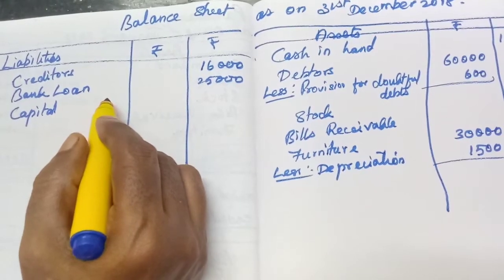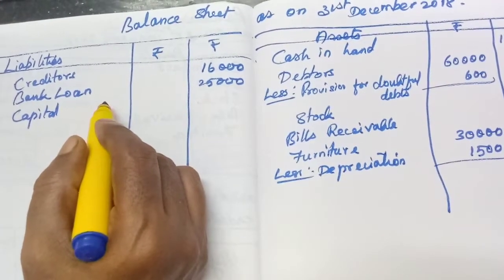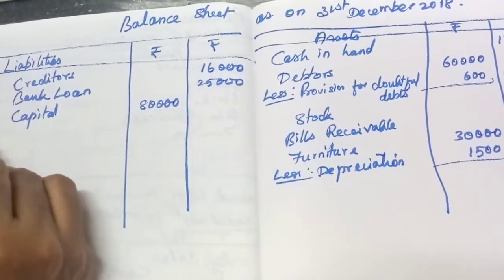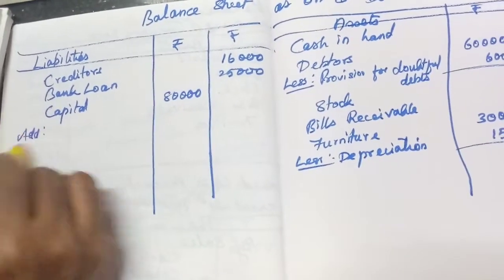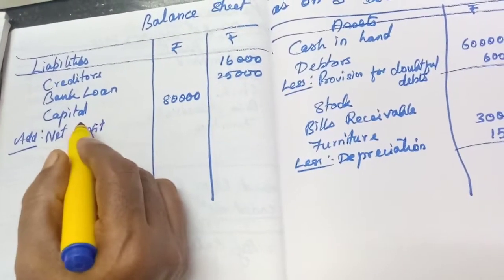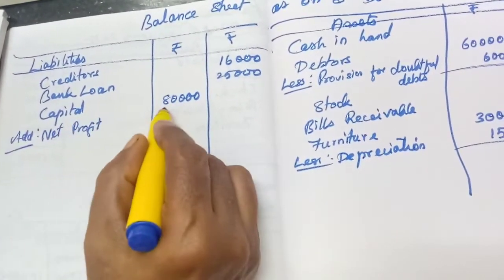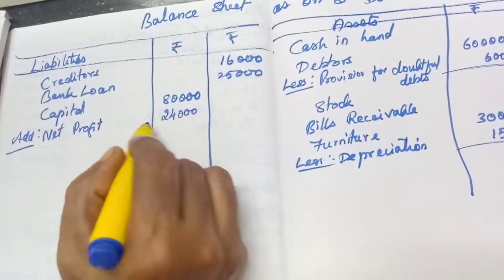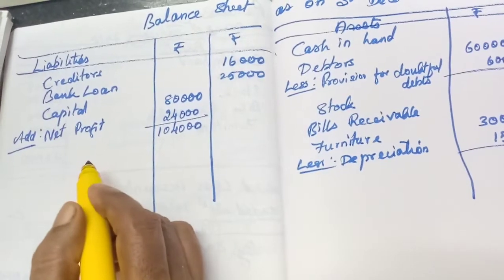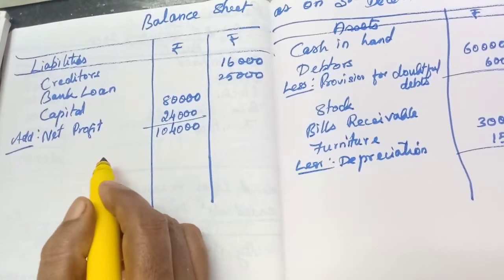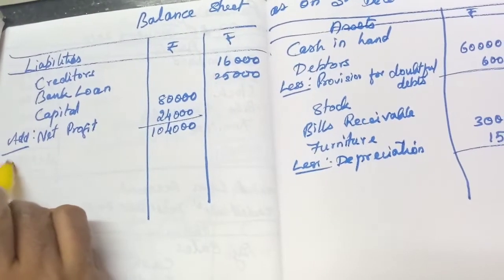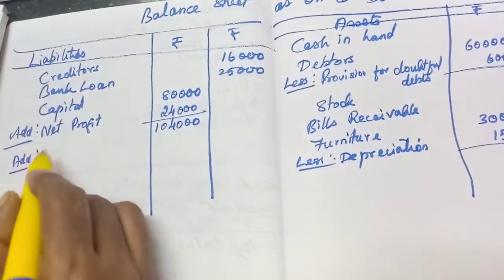Now capital, or the other adjustments we have to make in the capital. This is the opening capital that we have calculated, that is 80,000. First you add the net profit. Net profit, how much we have calculated? 24,000. So what will come? 1,04,000. And one more item given here, additional capital. That I have told you already. This should be added along with the capital.